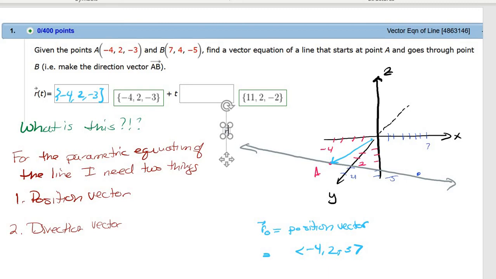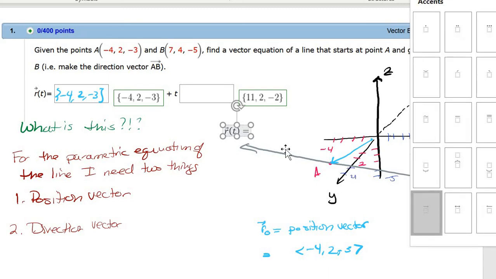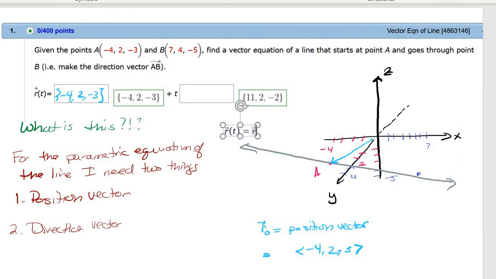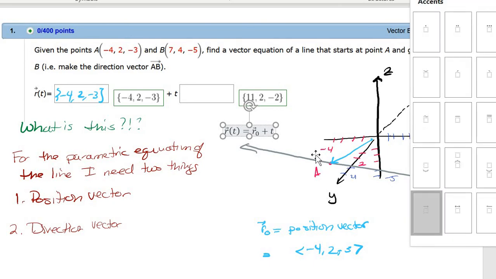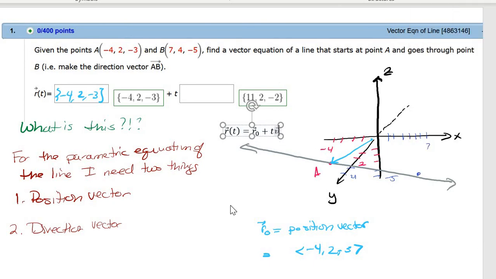In parametric form, it's going to be a position vector, r sub 0, plus t times a direction vector. We use these letters in your book, so on the t and everywhere you see it, that's going to look the same. It's going to have a position vector plus t times a direction vector.